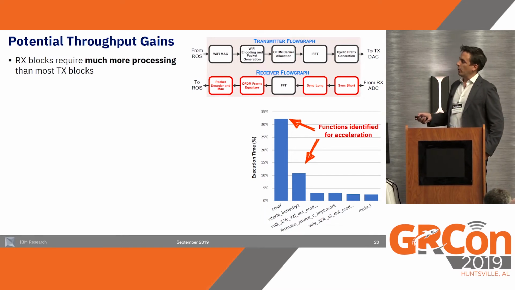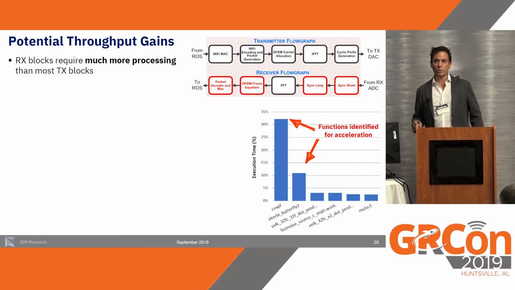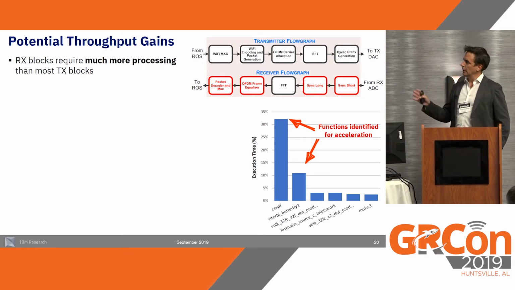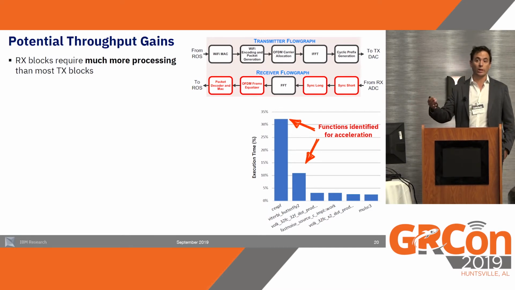Specifically, within those blocks, we identified two functions, one to compute the complex exponent and another to compute the Viterbi butterfly, which are the most time-consuming ones within those blocks. So at the beginning, we said, let's focus on these two functions as two possible candidates for performance optimization and hardware acceleration.